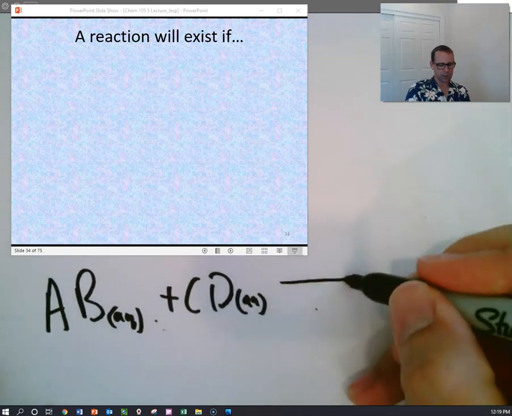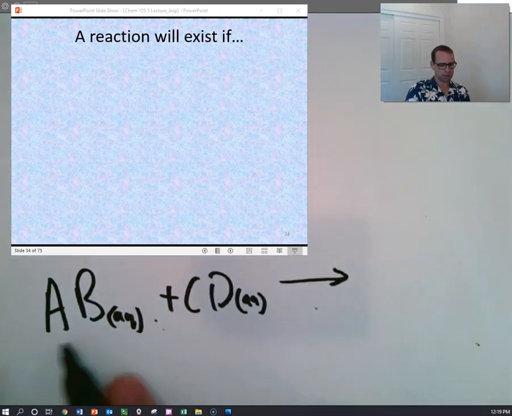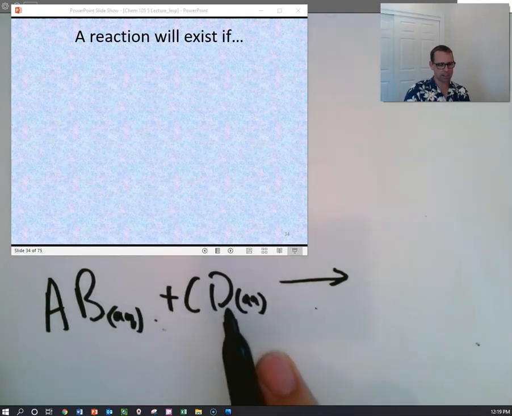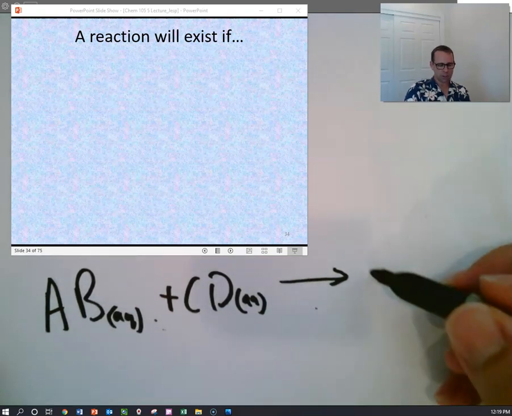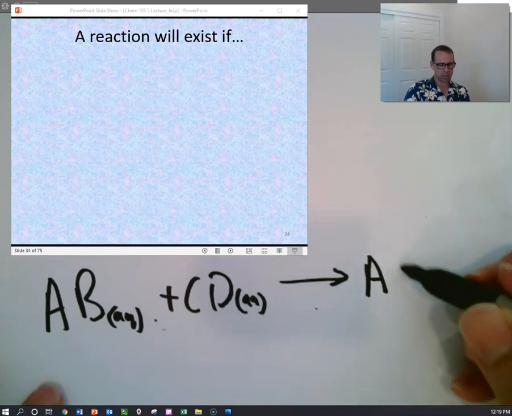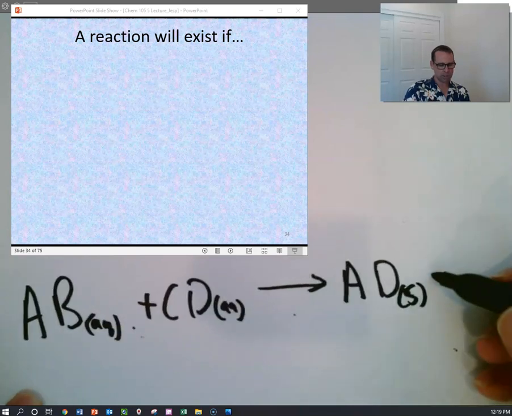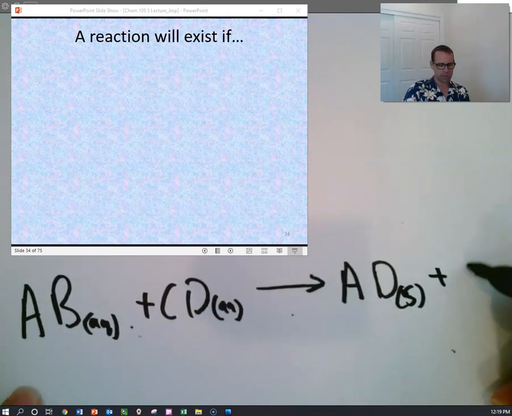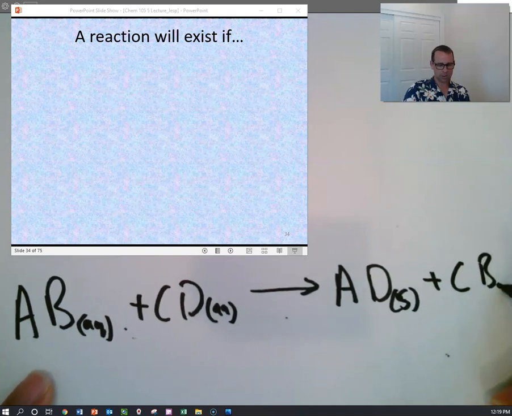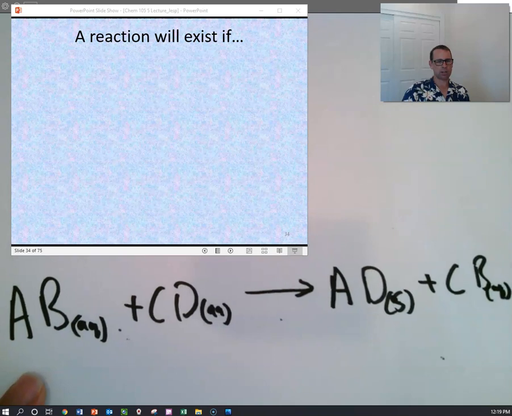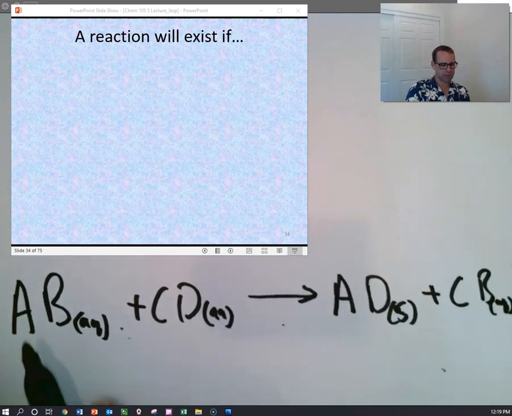And I don't know if you've noticed, but when we do this, these are aqueous compounds. That's the cation, that's the anion, cation, anion. Then they just trade places. A goes with D, and usually one of these is solid, and the other one is C going with B, and usually that one is aqueous, right? And so we have this trading of ions.